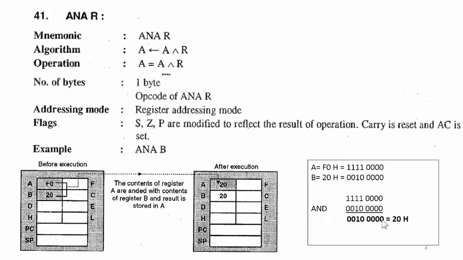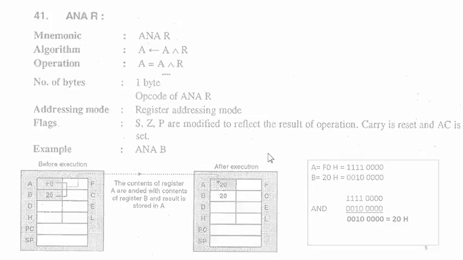Suppose the ANA B instruction gets executed, so we can check the bitwise ANDing operation here. In the lower nibble we get 0, and in the upper nibble just observe the result. 1 ANDed with 0 we get 0, 1 ANDed with 1 we get 1. Simple AND operation, 1 1 1 1 0 0 1 0 0. So in this way we get the answer 20 hex in the accumulator.